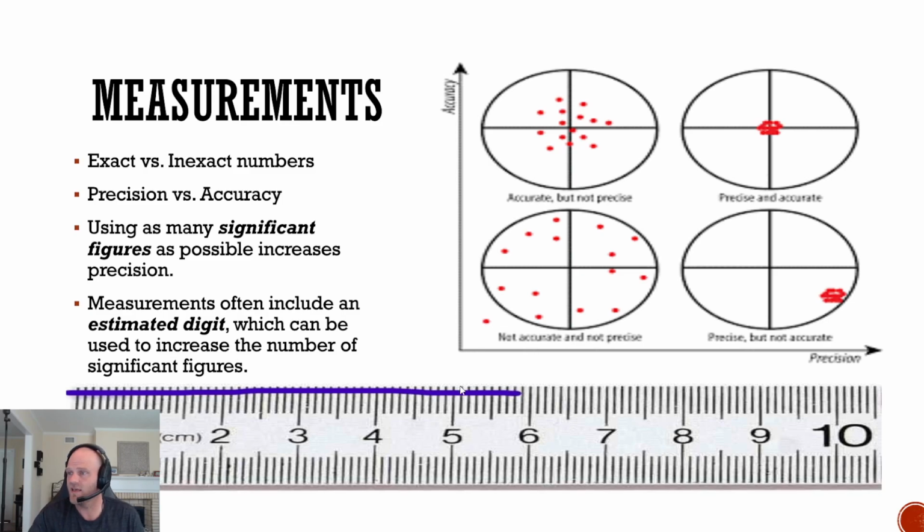Before I go on to that, let's talk about precision versus accuracy. Precision is throwing a dart at the dartboard and all of your darts being very close to each other. Okay, so this bottom right, for example, would be a precise throw or a precise measurement. You took the measurement 5 times, and all 5 times they were very close to each other.